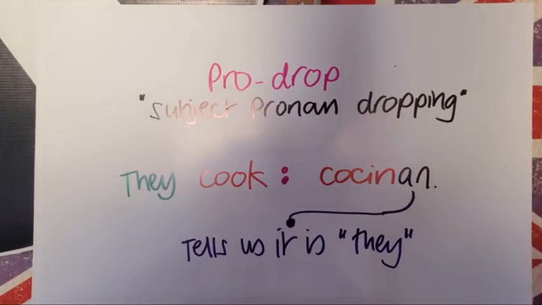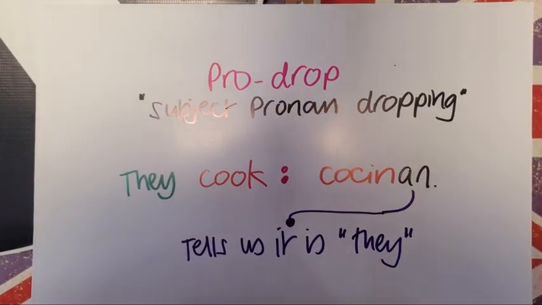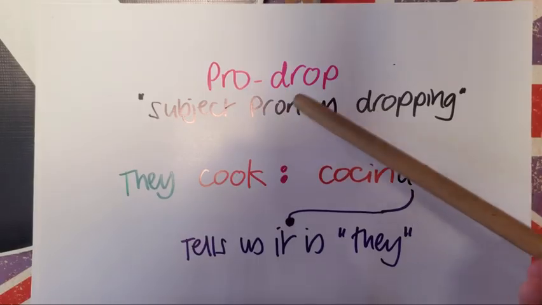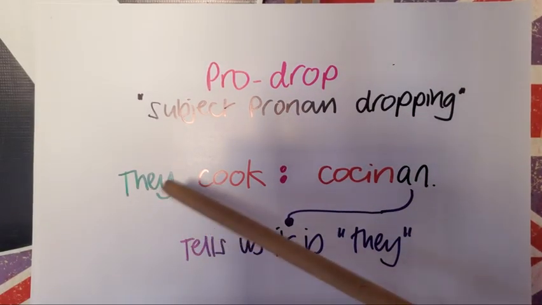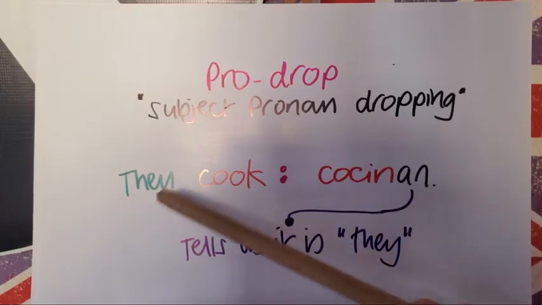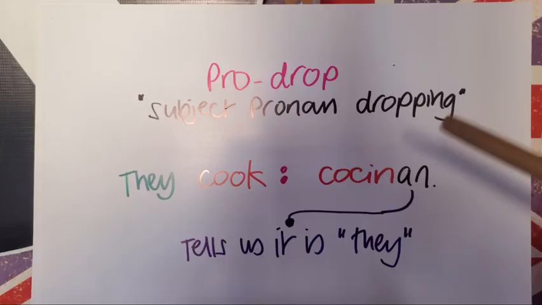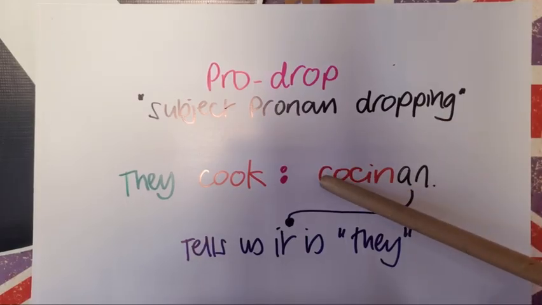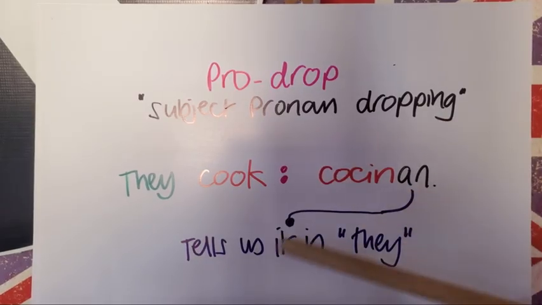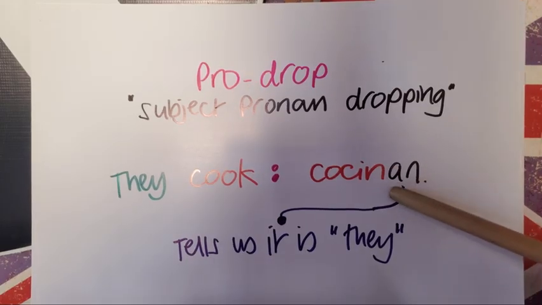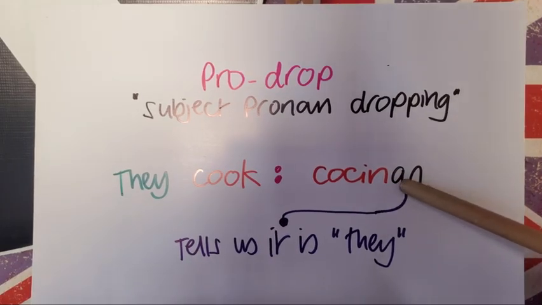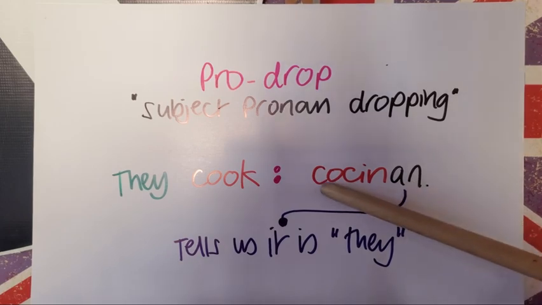Okay, so what I've just explained to you is called pro-drop. They drop the subject pronoun. It's called subject pronoun dropping. So in English we would say they cook. In Spanish they will drop the they and just say cocinan, because it tells us it is they that are doing the cooking. If it was I cook, it would say cocino.